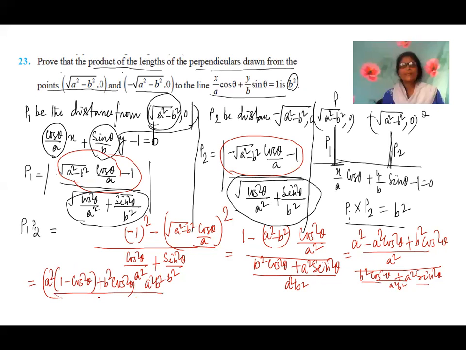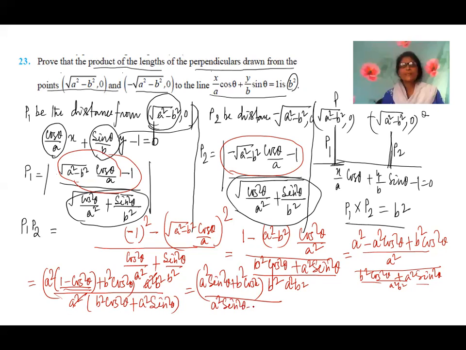I cancel a², and 1 − cos² θ becomes sin² θ, so a² sin² θ + b² cos² θ whole, and what is left is b². The denominator is the same, a² sin² θ + b² cos² θ.